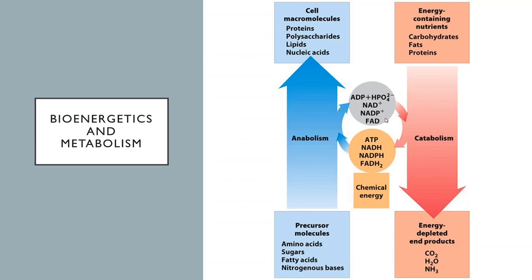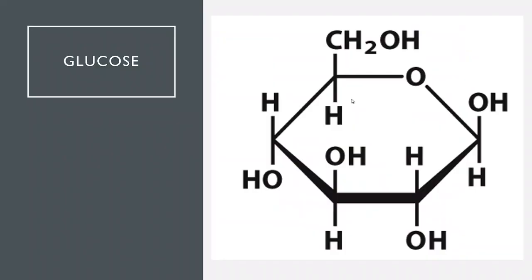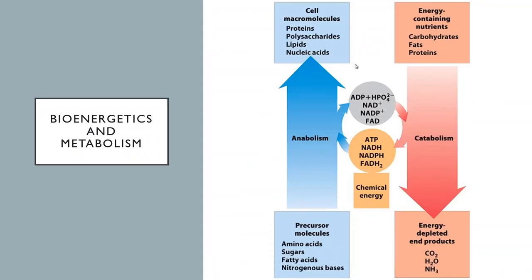And then these other molecules like NAD+, NADP+, and FAD also store energy as what we call electron carriers, and they're part of that process as well. So that's kind of what we're going to be talking about. So this first chapter deals with glycolysis. So glycolysis is the process of breaking down glucose, which is, of course, one of these energy-containing nutrients.